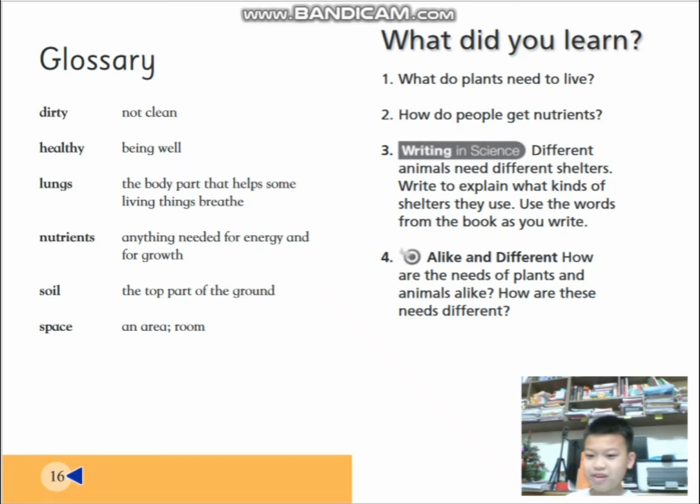I just remembered, animals also need shelter, but plants don't.